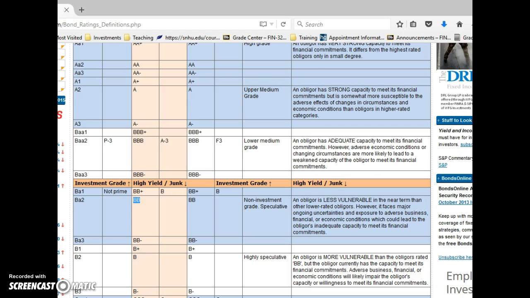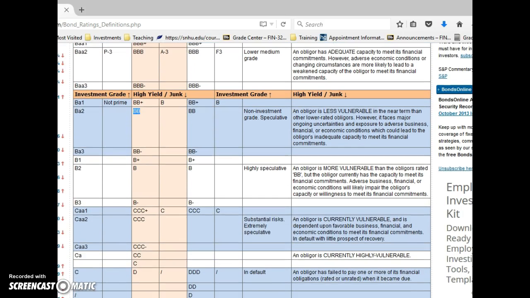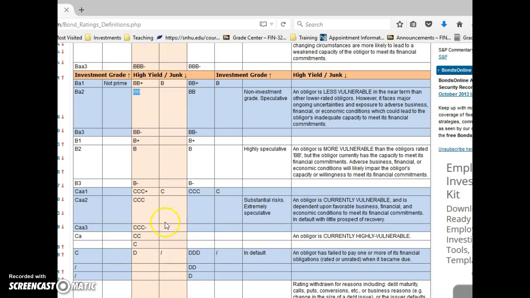So there's some additional risk here with that firm. Let's look at triple C under S&P right here. This company is currently vulnerable, very dependent upon favorable business. A default is more likely. If you get a D rating, this company's already failed to pay one or more of its financial obligations. So you're in serious risk here.